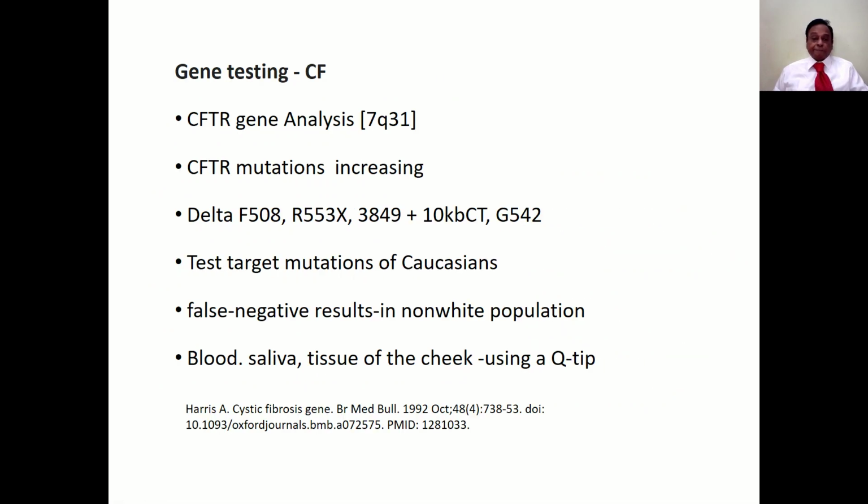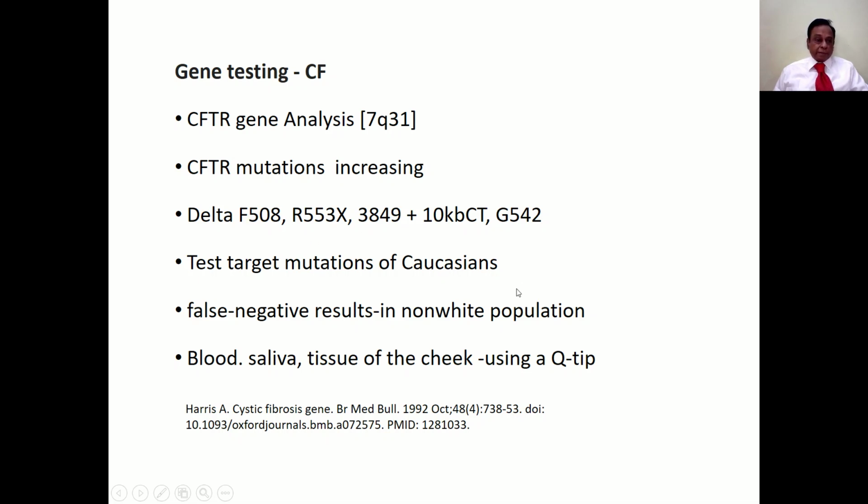You have to repeat. Coming to the genetic testing, I don't want to talk much about that, because I said 2000 or 2500 genetic variations or mutations keep being added. You have to look at the 7th chromosome, and the most common mutation is delta F508.